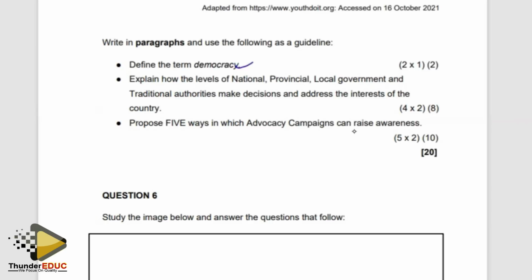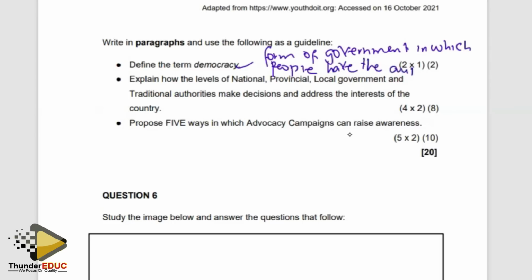So you talk about it's a system, it's a form of government, in which people have the authority to decide, to choose governing officials, have the rights, in which people have the authority to deliberate and decide legislation or choose governing officials to do so.